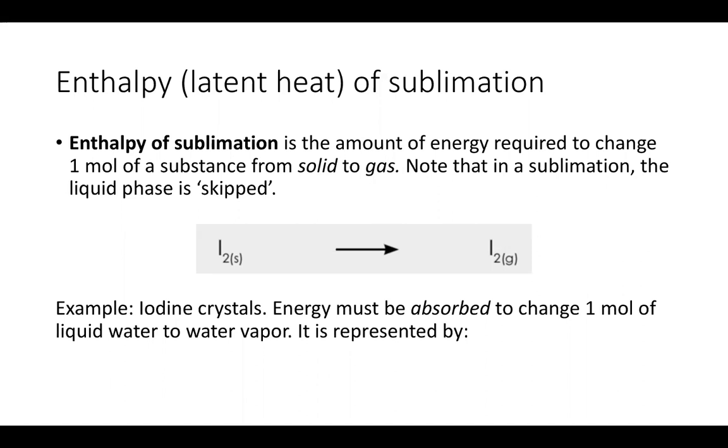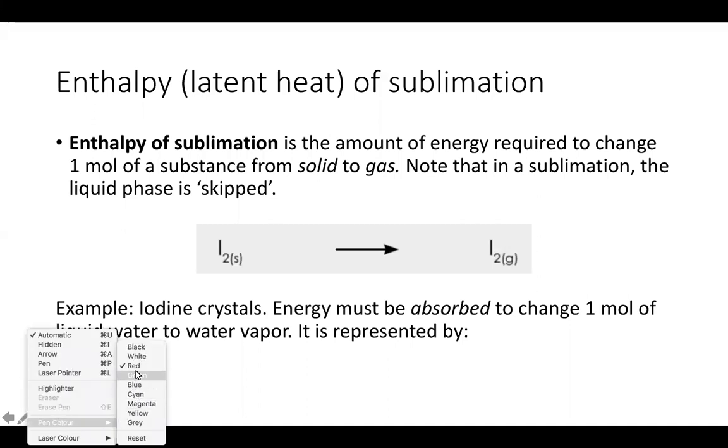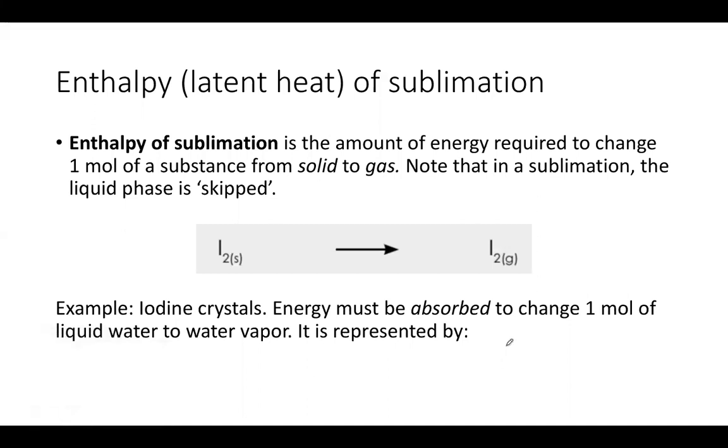Energy must be absorbed to change a mole of solid to gas. And it is represented similar to the others with delta and then S, U, B for sublimation, and then your H, like that. So that refers to the enthalpy of sublimation.